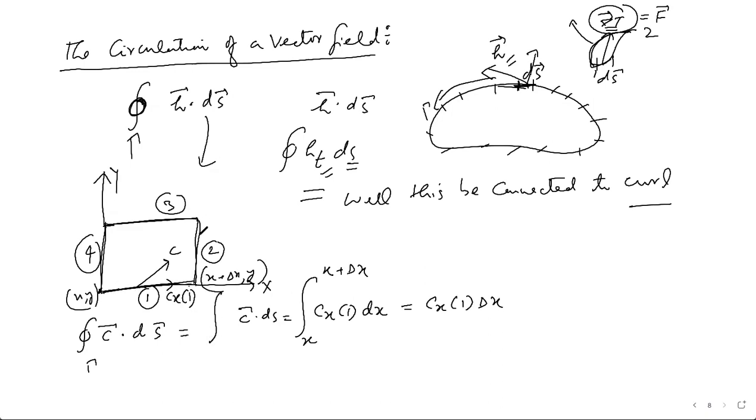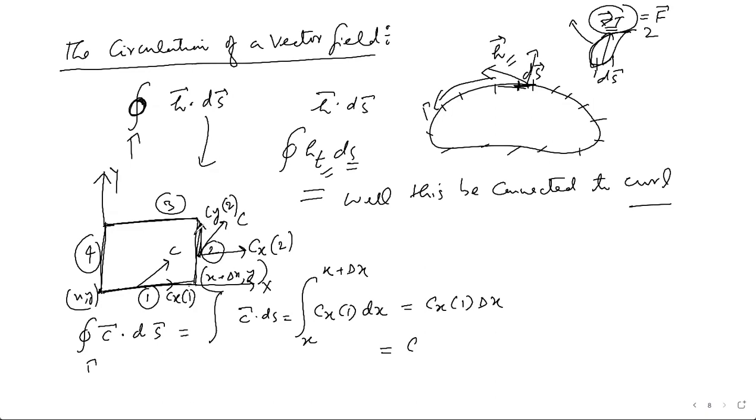Now along this one, how much will it be? Again, you can have a vector field like this, and you can again break it into components. Along this direction the component will be Cy2, and along the other direction there is a perpendicular component, but this won't survive.